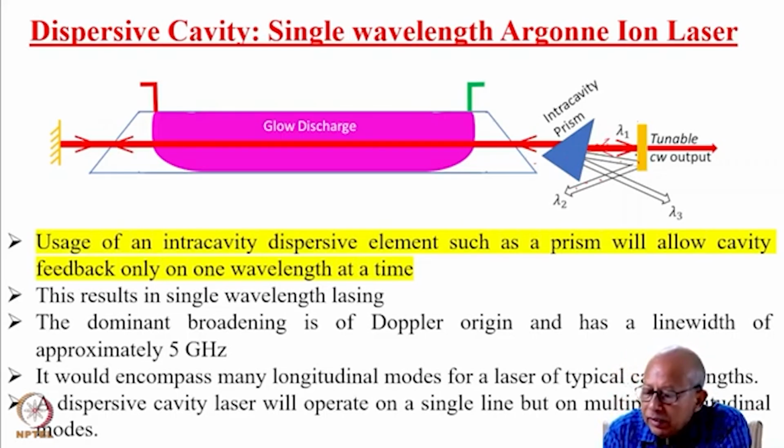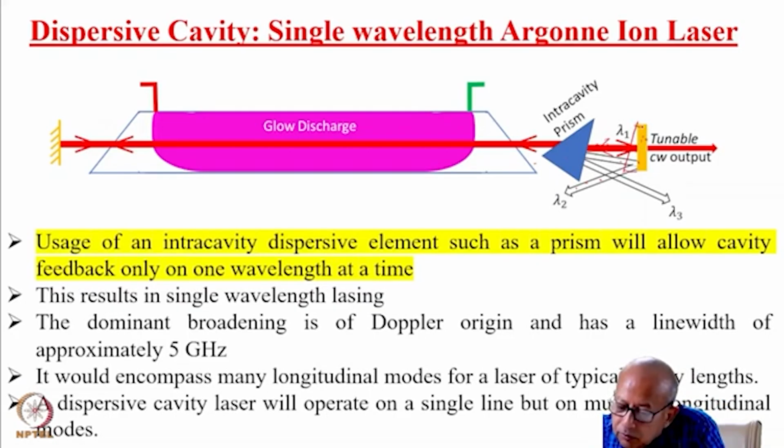And by tuning this mirror, suppose we make it like this. This is now my output. So as you can see, this wavelength is not falling normally on this.